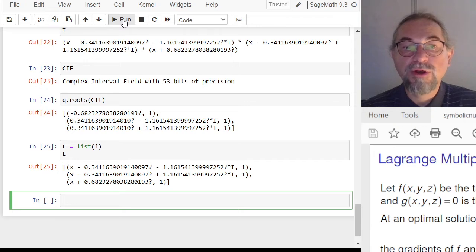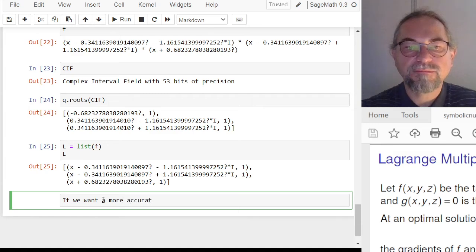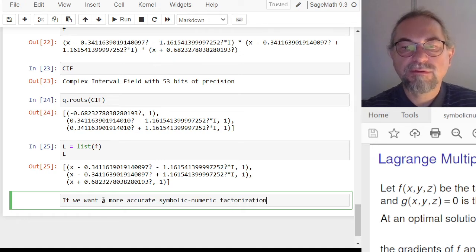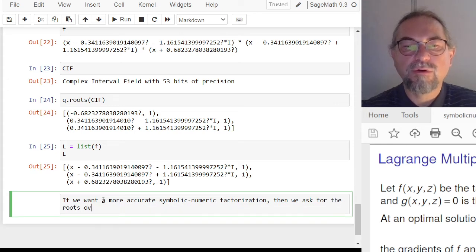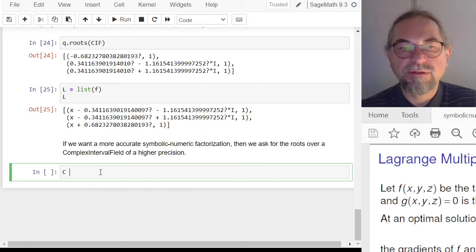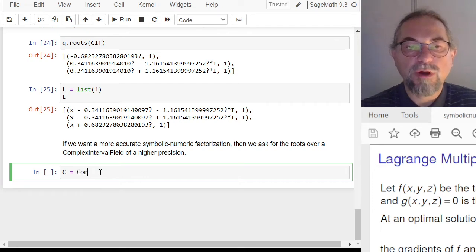So if I want to see the factors with 200 decimal places, a more accurate symbolic numeric factorization, then we ask for the roots over a complex interval field of a higher precision. So let me illustrate this. So let me make a field of 200 bits.